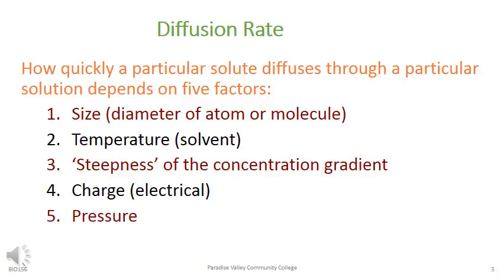We don't want them to go too fast in a lot of cases, but we don't want them to not move at all. So we've got to have this nice appropriate amount of steepness that happens to get these molecules across that concentration gradient. Remember, the concentration gradient is moving from high concentration to low concentration. So high concentration is a whole bunch of solutes, and then ions, atoms, molecules, those kinds of things.